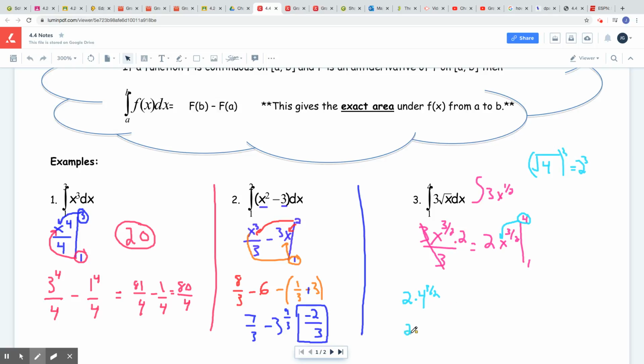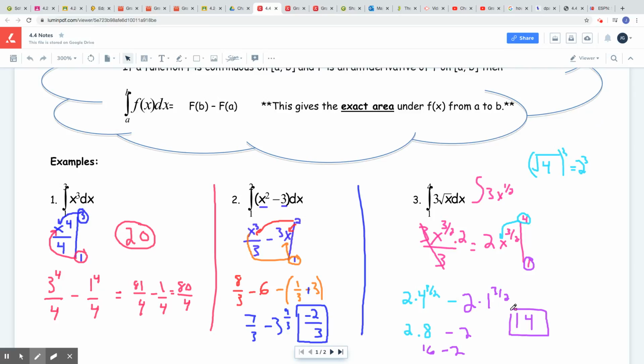So this means 2 times 8. Minus, now let's plug in our 1. So it's 2 times 1 to the 3/2. Well, 1 to anything is 1, because the square root of 1 is 1 and 1 cubed is 1. So that's minus 2. 2 times 8 is 16, 16 minus 2, and our answer is 14.